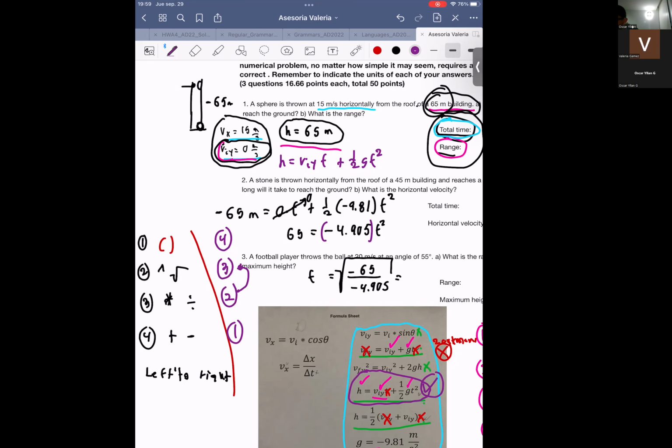Basically, first we have to pass this one dividing and then we can do the square root. That's why, because for solving, it's the opposite way. So first you have to divide and then the square root. Okay, let me do it.